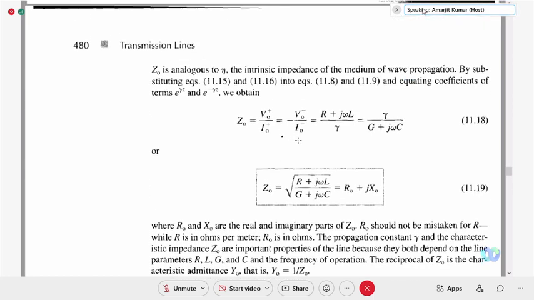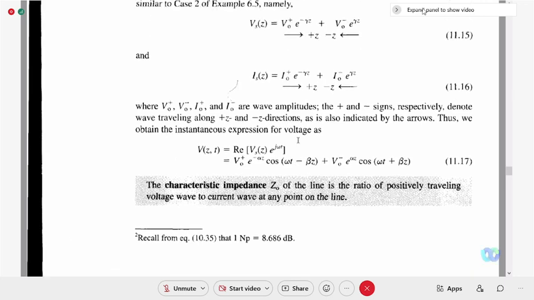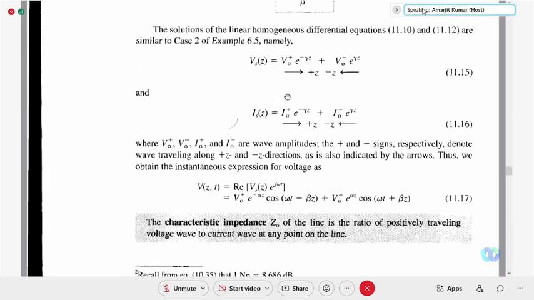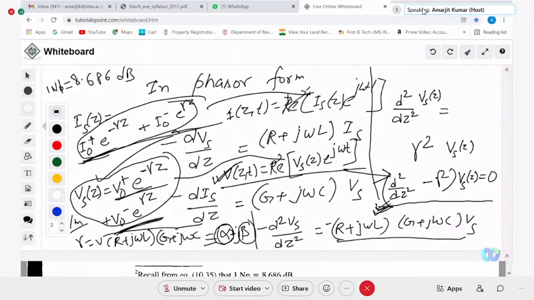So these two, VS(z) and IS(z) that we have found, we have to put in the differential equations. Which equation? We put VS and IS here: minus dIS/dz is equal to (G plus j omega C) VS, and similarly for IS.